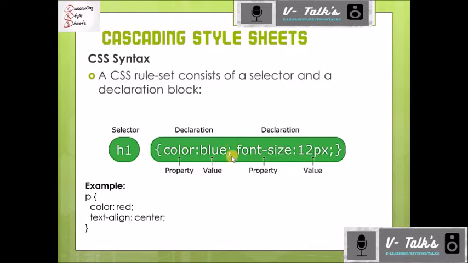After the semicolon, you can give another property, font size, colon, 12px, that is the value, 12 pixel is the value. Put the semicolon, curly brackets close. First you have to open the curly bracket. So here an example: P, curly bracket open, color red, text align center. So colon is here, semicolon is here.